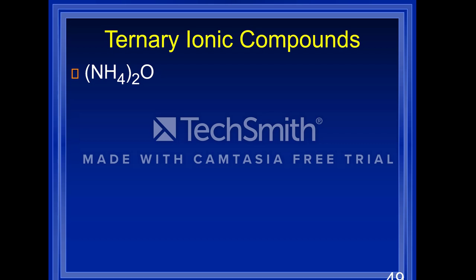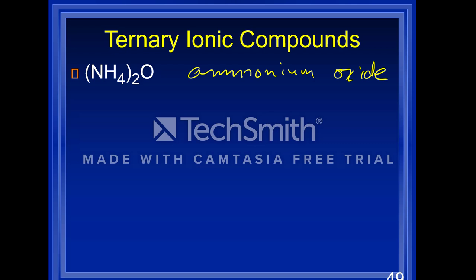It says NH4 is called ammonium. Remember we had the one positive polyatomic ion, ammonium. O is oxygen, but it's negative here, so we change it to oxide. Ammonium oxide.